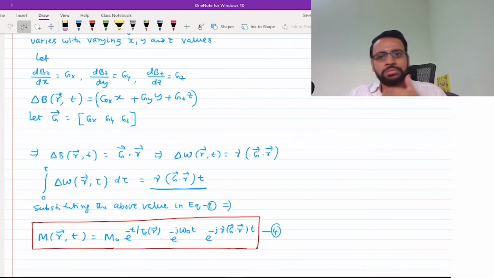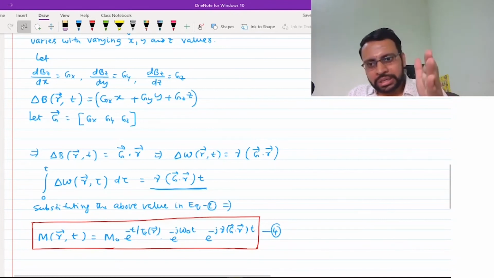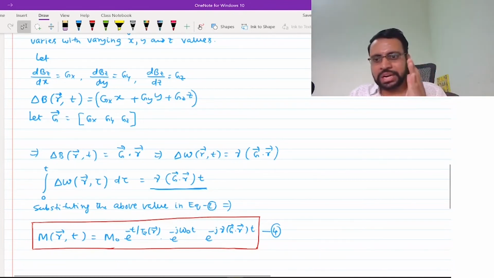Again, for notational convenience, we use the dot product representation, where delta B of r bar comma t I could write as the dot product of g bar with r bar, is it not? So that's your delta B, which is a function of r bar and t.